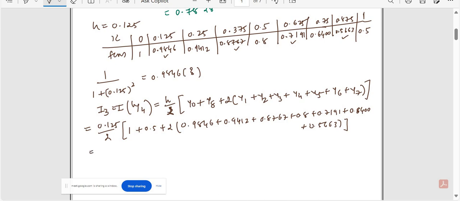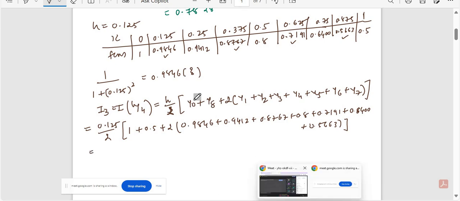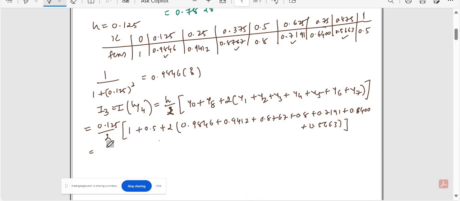Now calculate this, everybody. 0.7847. Is it 0.7847? Everybody got it? Yes, sir. Okay. And after rounding the fifth digit, what do we get here? I gave the rounded-off value. Okay, then it is correct.